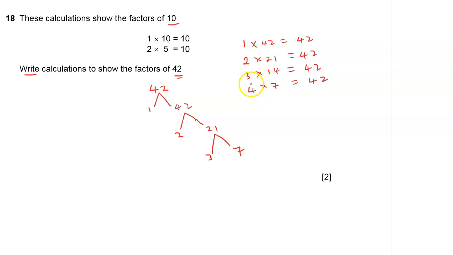Okay, and 2 times 3 gives 6. So the factors of 42 are 1, 2, 3, 6, 7, 14, 21, and 42 itself.